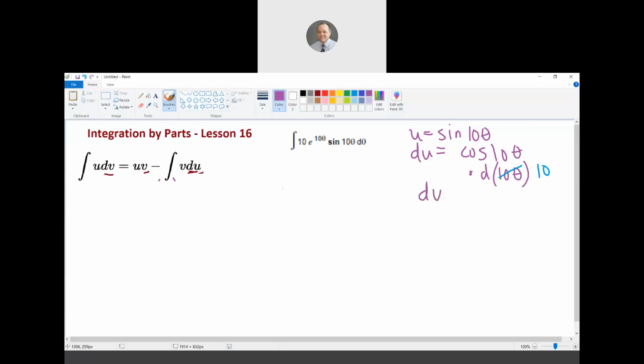So our final du is 10 cosine 10 theta d theta. Now the dv part is the rest of our problem: 10 e to the 10 theta d theta.